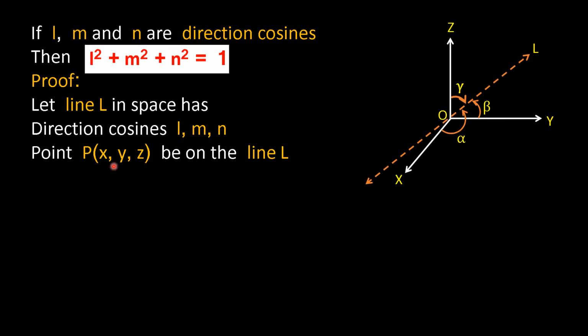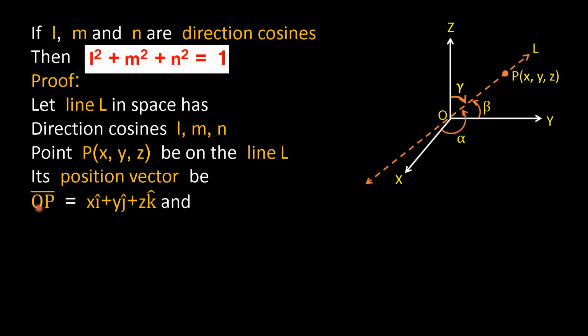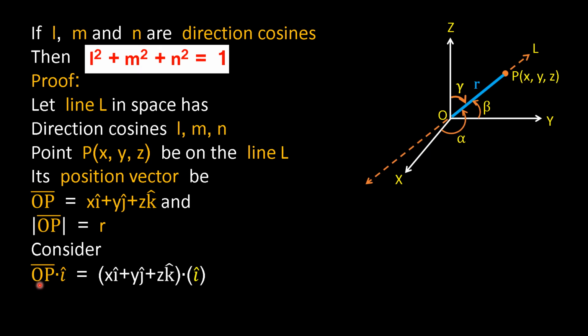Let point P(x, y, z) be on the line L, this point. Its position vector will be OP bar equals x i cap plus y j cap plus z k cap, and the magnitude of OP bar will be R. Consider the dot product OP bar dot i cap, which will be x i cap plus y j cap plus z k cap dot i cap.